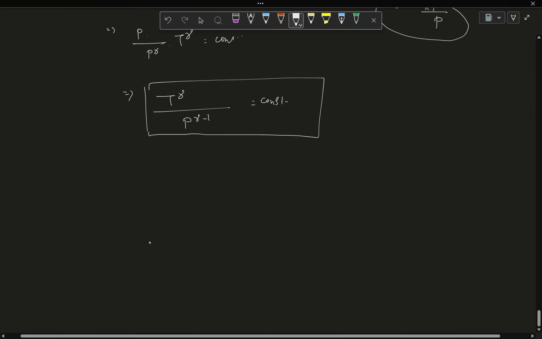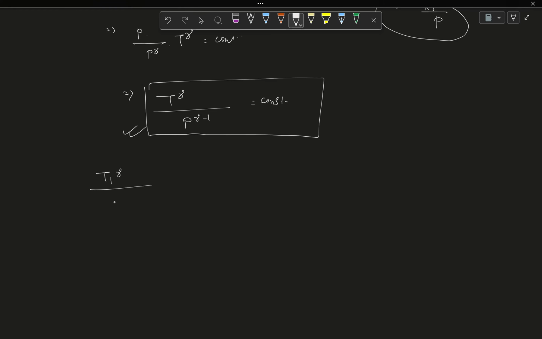Now you can calculate what your T2 is using this relation. So basically T1 to the power gamma by P1 to the power gamma minus 1, because the right hand side is constant, so this will be like T2 to the power gamma by P2 to the power gamma minus 1.